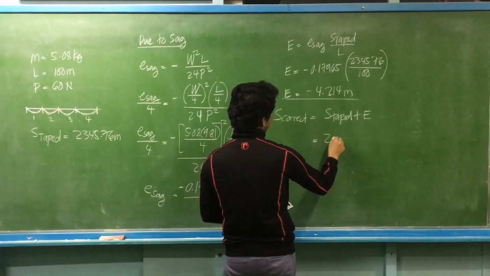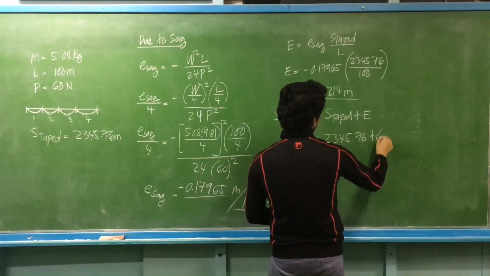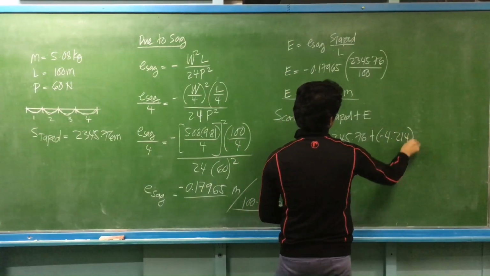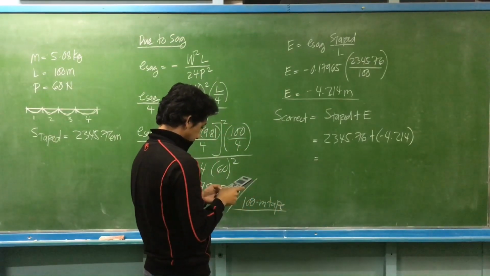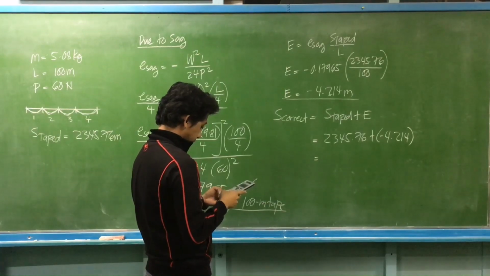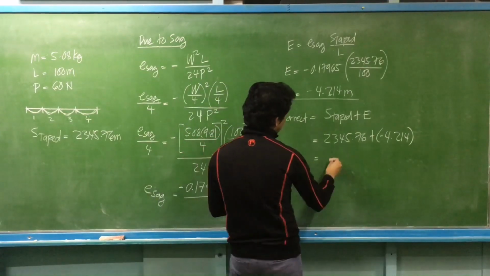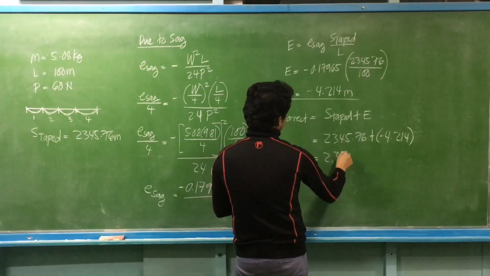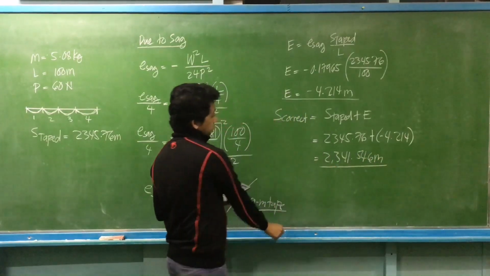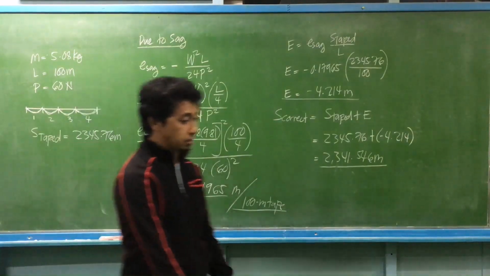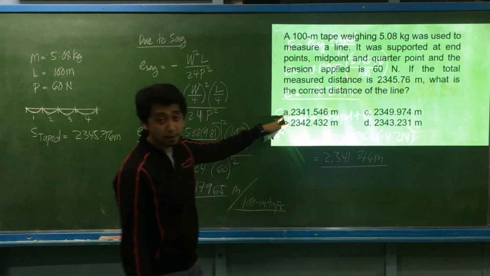S tape is equal to 2,345.76, plus just negative 4.214. So we have, this is S correct. So you have 2,341.546 meters. Yeah, 2,341.546. So let's check the choices. 2,341.546, we have letter A.